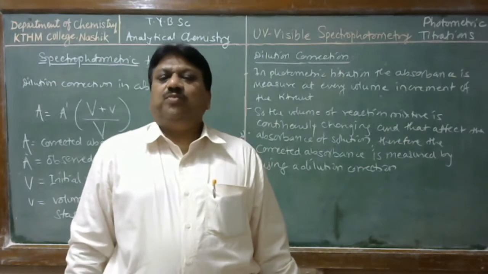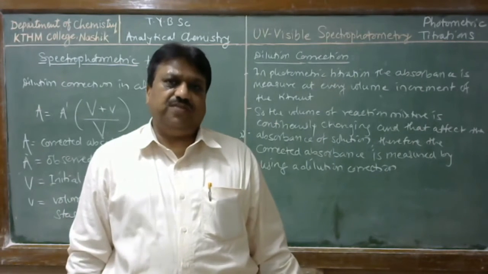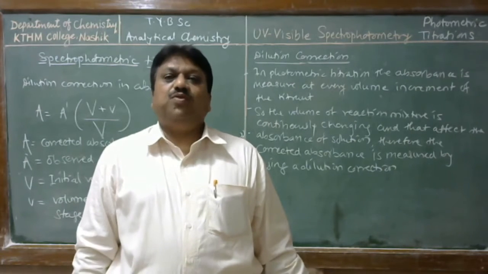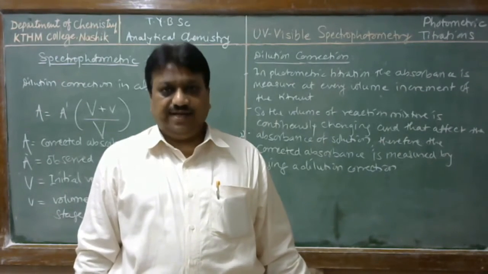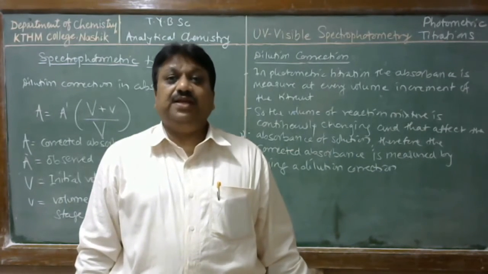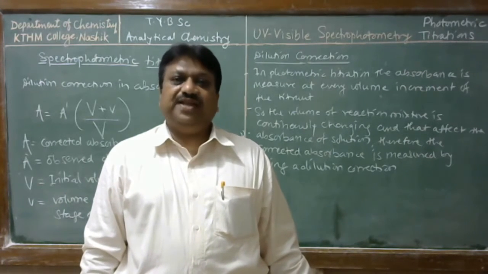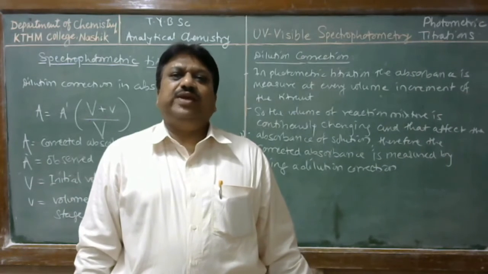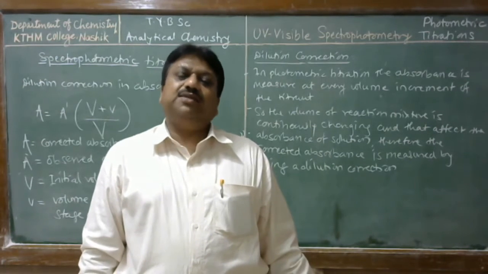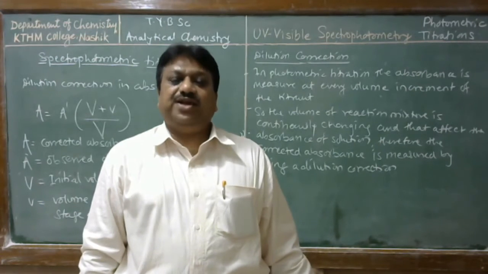Student, we know that in photometric titration, the absorbance of the reaction mixture is measured as a function of titrant added. Photometric titration can be performed by measuring the absorbance of the analyte solution, or the absorbance of the titrant added in the reaction mixture, or the absorbance of the reaction product.